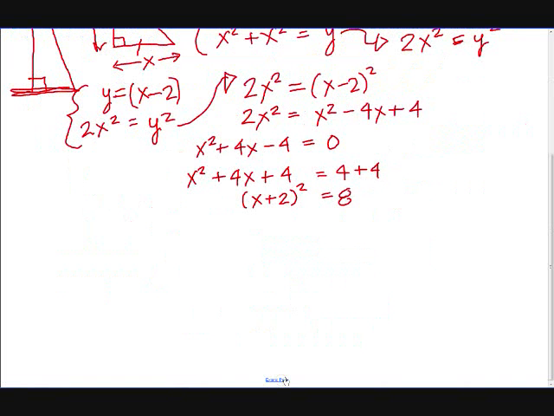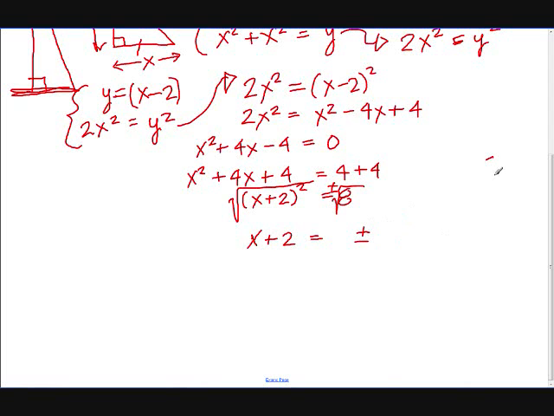Let me extend this page. This is exciting now. I can see how we can get to an answer. We're going to take the square root of this and the square root of this, and of course plus or minus. And that will give us x plus 2 equals plus or minus.